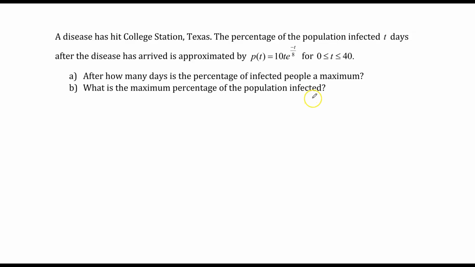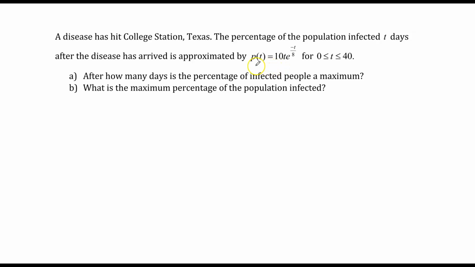Now, before we proceed, let's take note that we're given here a closed interval. So if we're given a closed interval to find the absolute maximum, we would also need to check the endpoints of the interval. So the process here is the same as determining the absolute extrema on a closed interval.